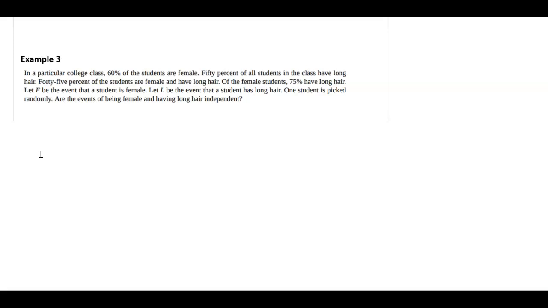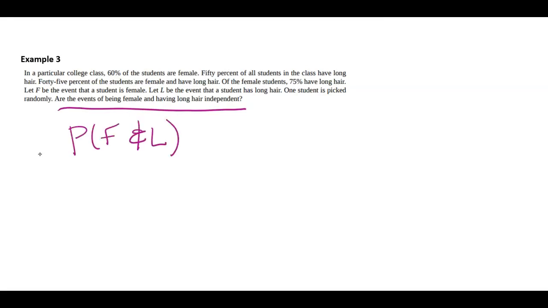All right, well, all we need to look at is the probability of female and having long hair. Is that equal to the probability of female times the probability of long hair? Be careful here because this says 45% of the students are female and have long hair.